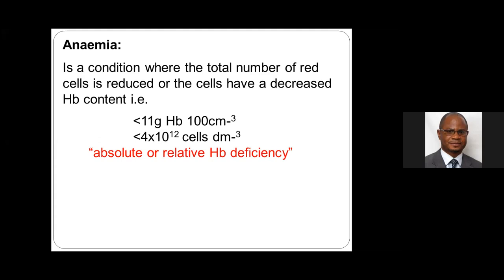The relative is that, as I mentioned, if hemoglobin is less in relation to the other parameters, then you have relative deficiency. If all three parameters are less, then the anemia is said to be absolute. So it's absolute when all parameters inform the anemia, or if one is less and the others are normal, then we are looking at relative deficiency.